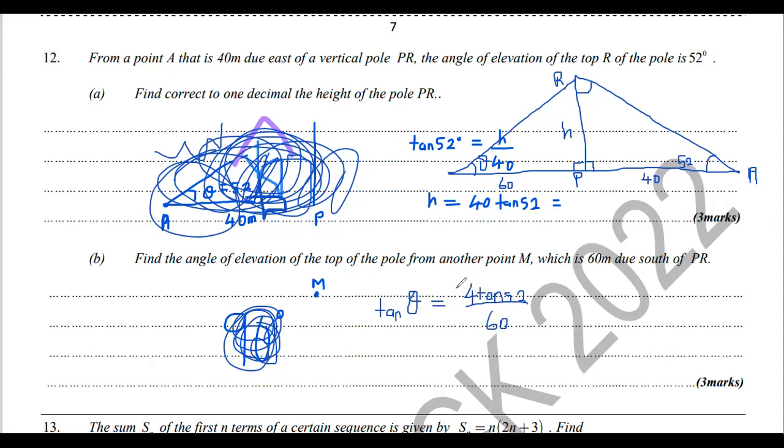Oh yes, thank you, 40, not 4. So this will give us 2/3 of tan 52.